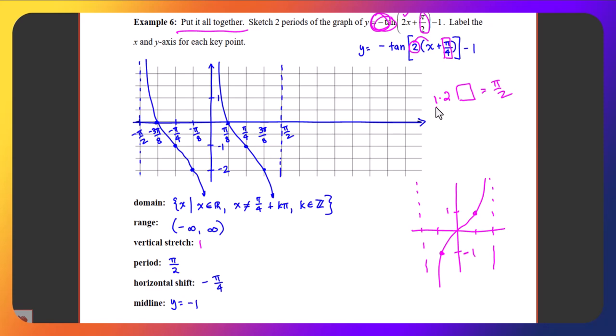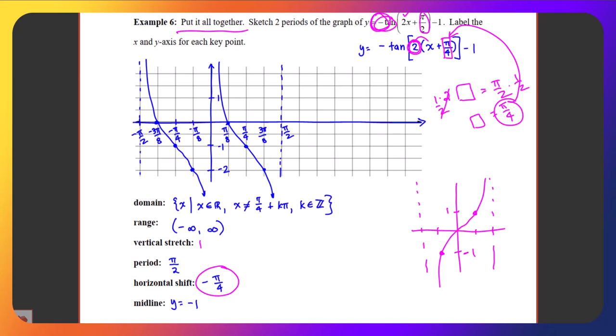So if you multiply both sides by a half, I could divide by 2, but isn't it the same thing as multiplying by a half? And so that spot is going to be pi over 4, which is what I have here.